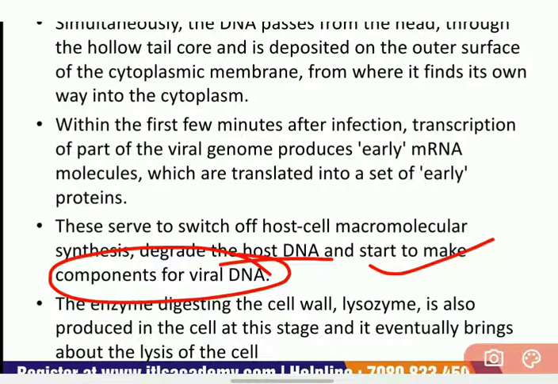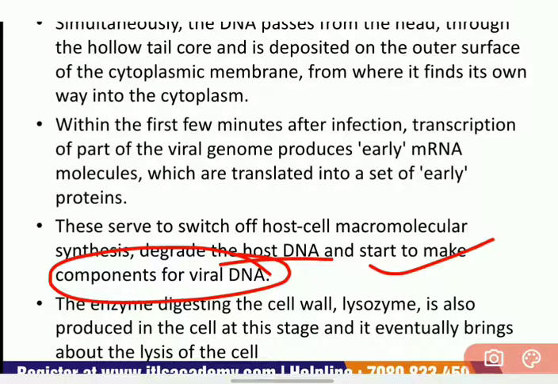Here, with the buildup of its components, the viral DNA replicates and also starts to produce a batch of late mRNA molecules transcribed from genes which specify the proteins of the phage coat.